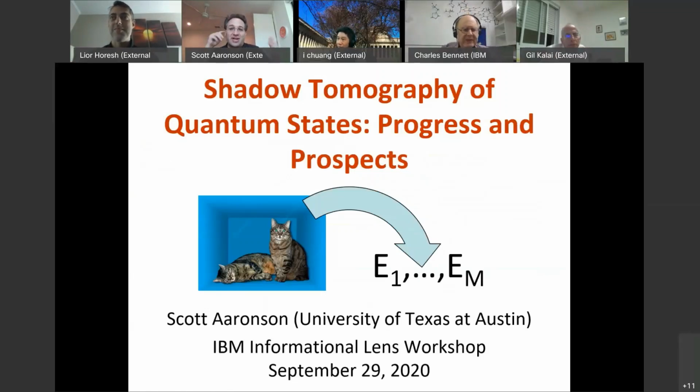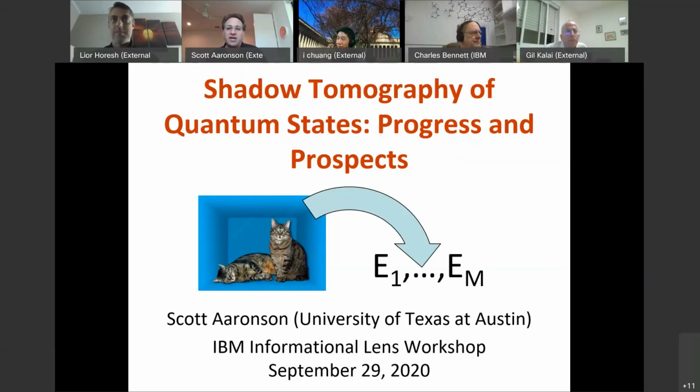This talk, in fitting with the theme of the informational lens, is going to be about an information theoretic question about quantum states that for some reason no one really thought to ask before a few years ago. But by now we've learned a lot about it, and we're starting to find some applications of it.